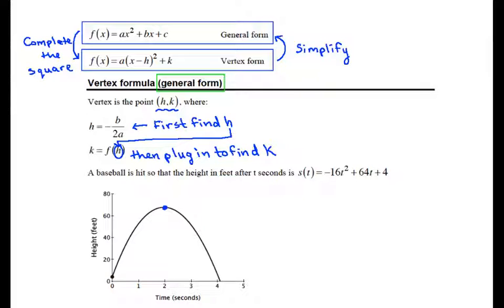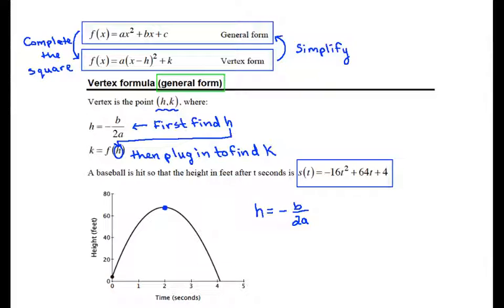So in this example here, we have s of t equals negative 16t squared plus 64t plus 4. If we want to find this vertex, which I just marked on the graph here, that's going to be the highest point that this baseball gets to. I can start using h equals minus b over 2a, and looking at the function, I can identify a, b, and c.